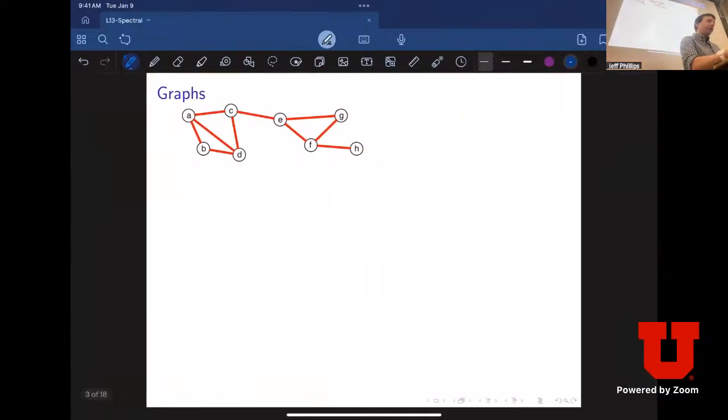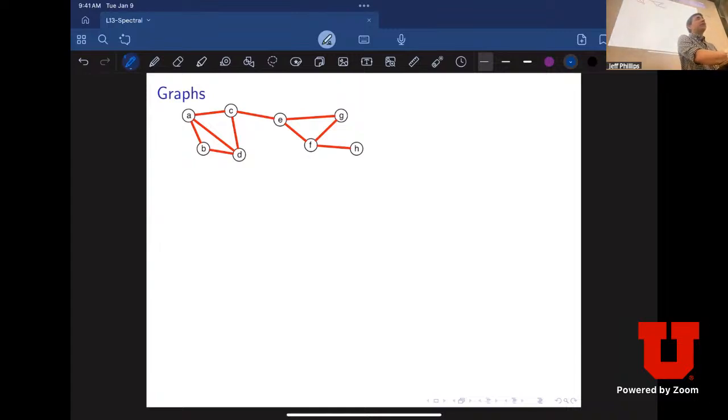So let's talk about graphs. The input to the spectral clustering algorithm I mentioned will be a graph, and if you've come up through the school of computing, then you've probably seen graph representations of data before.